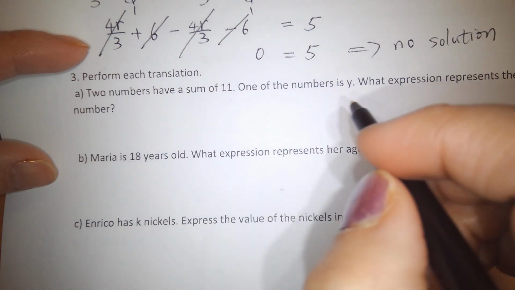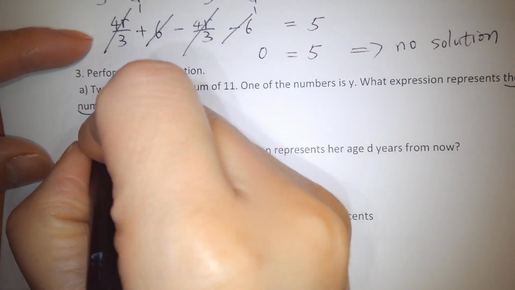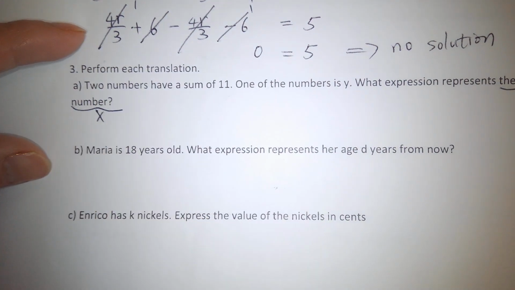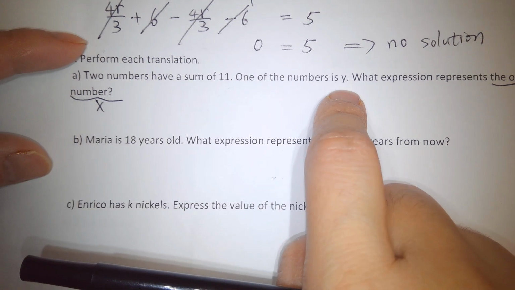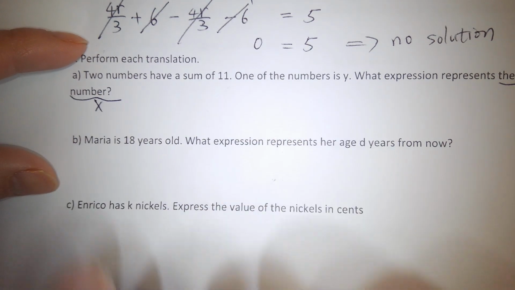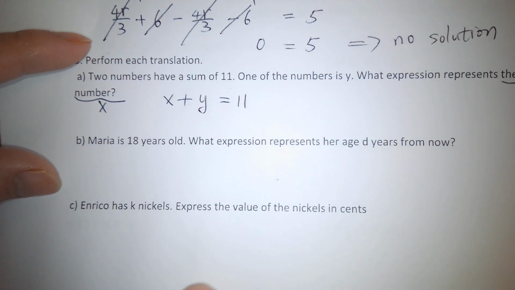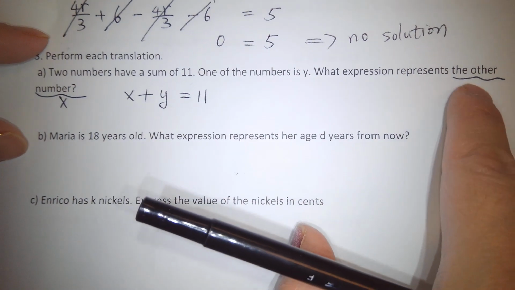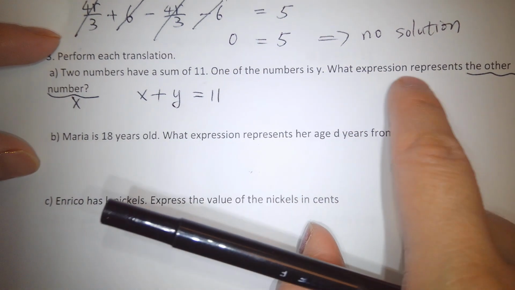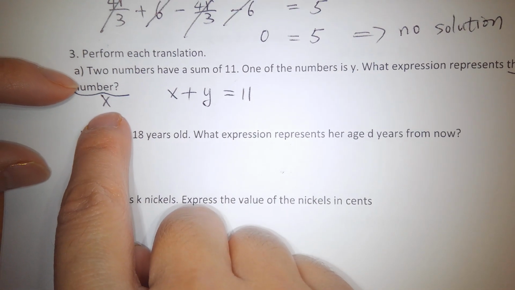We can let the other number be x. There are two numbers. One number is x, the other number is y. The sum of these two numbers is 11. We want to find x, right?